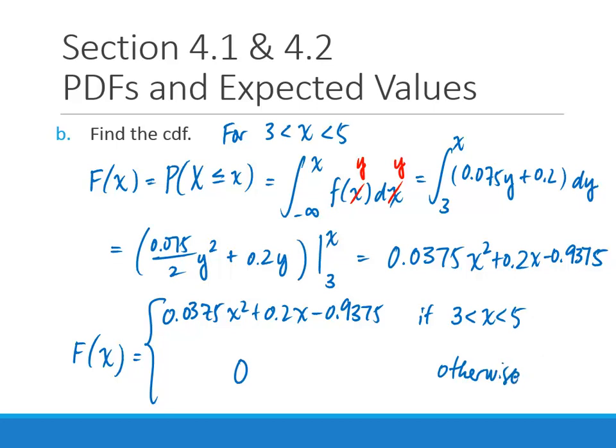So for x less than 3 or bigger than 5, the CDF, I'm sorry, scratch that last thing from your memory. It's 0 if x is less than 3 and 1 if x is bigger than 5. Sorry about that.